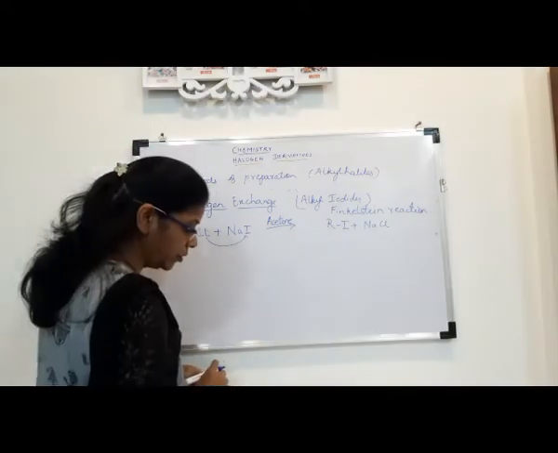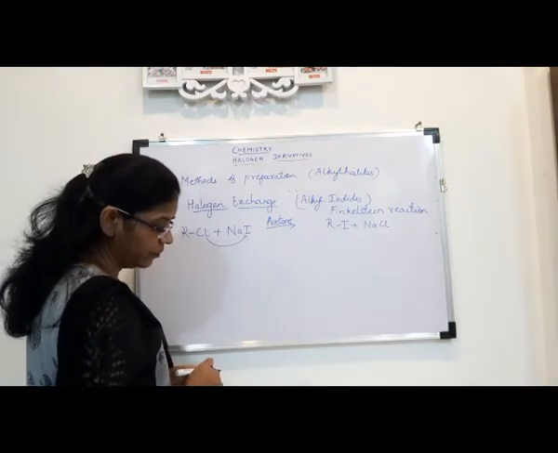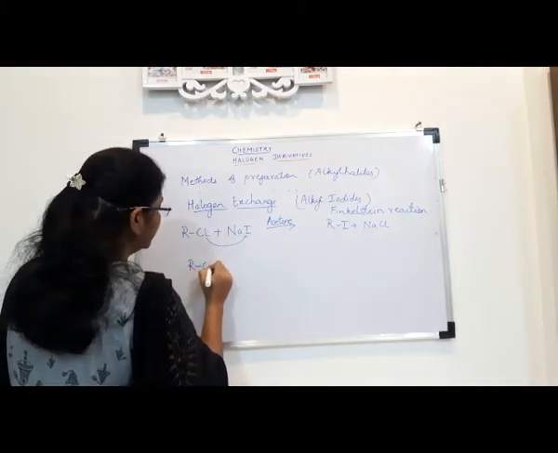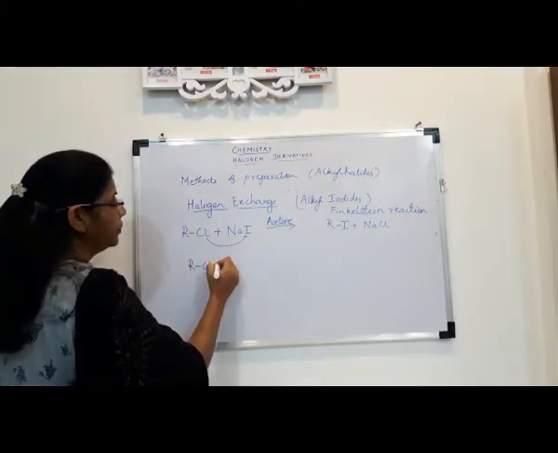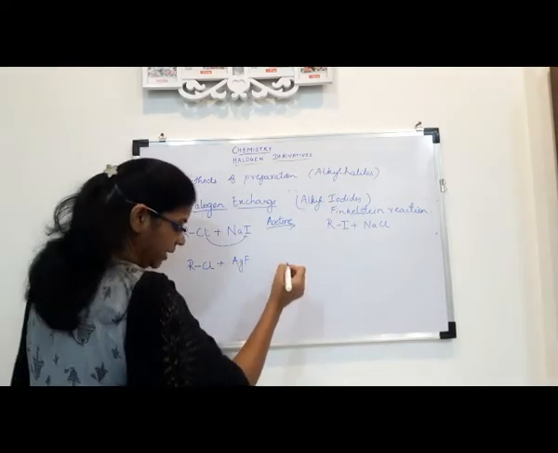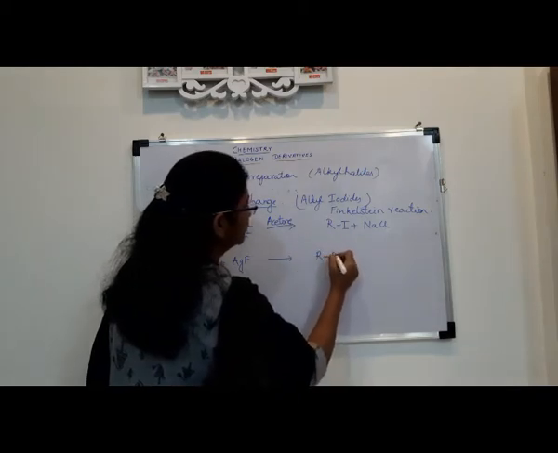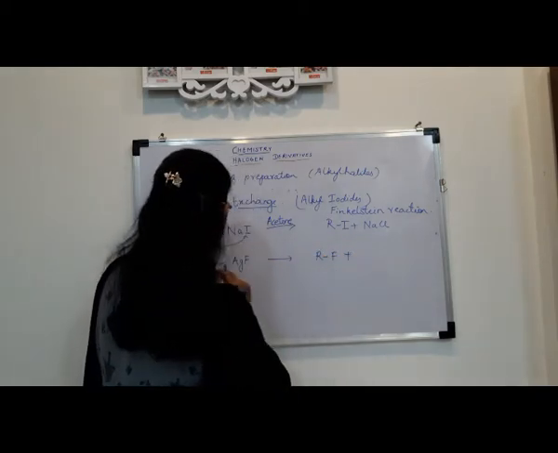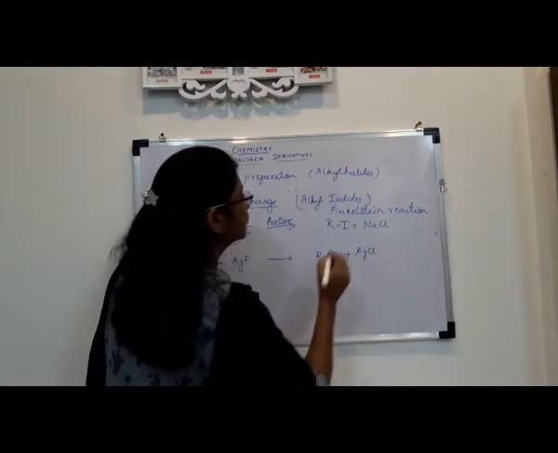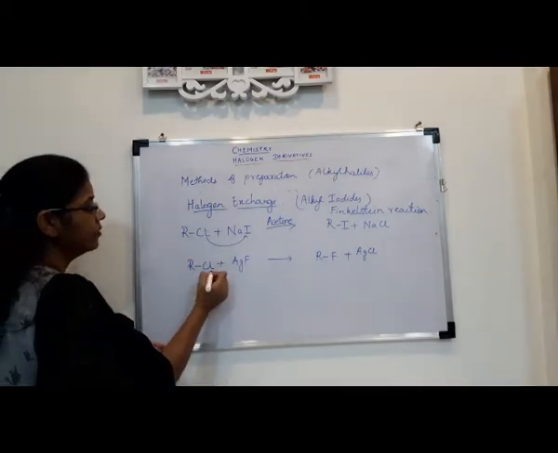Now, same way, when you want to obtain alkyl fluorides, again alkyl fluorides to be obtained, you will take an alkyl chloride plus silver fluoride, correct, and you will get RF plus AgCl. All right. In this reaction, what is happening? F is taking the place.